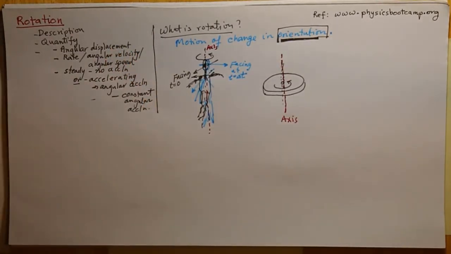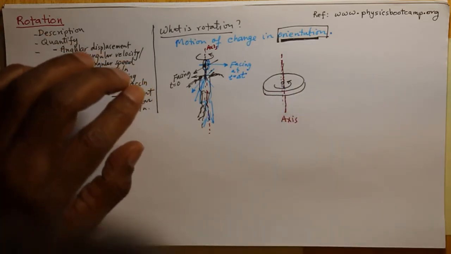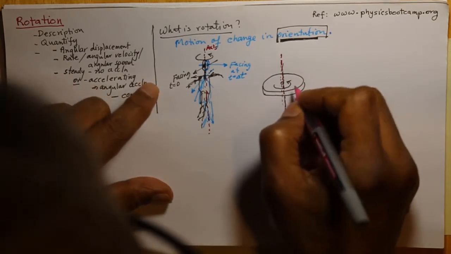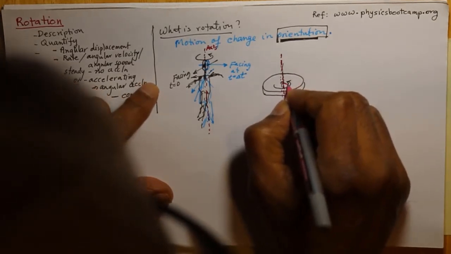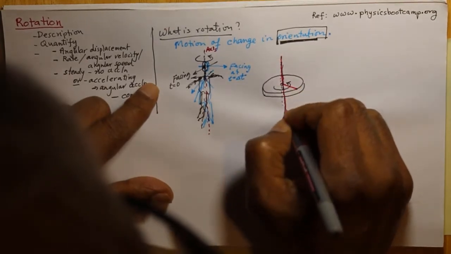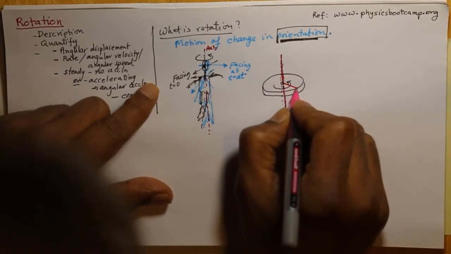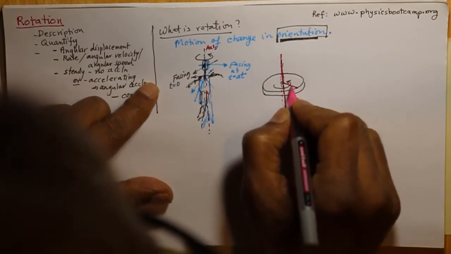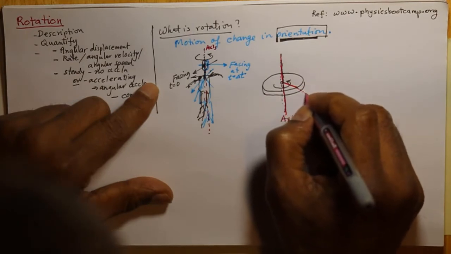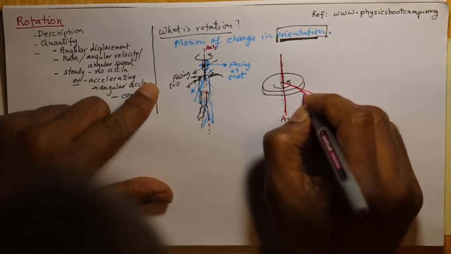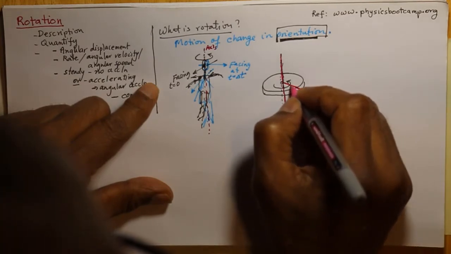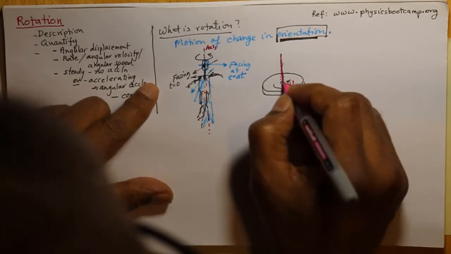And you can see that over here, if I draw a line that starts from the axis, it's marked on the body. So I imagine I'm marking on the disc. Say this line was at t equal to 0, pointed in that direction, and then the disc rotated and this line rotated with it.